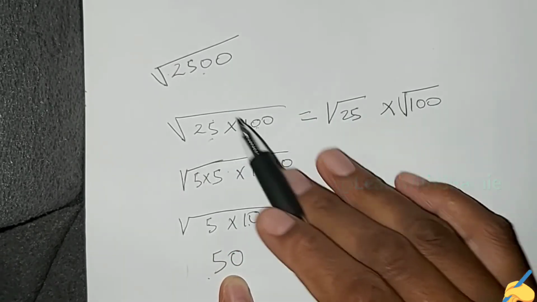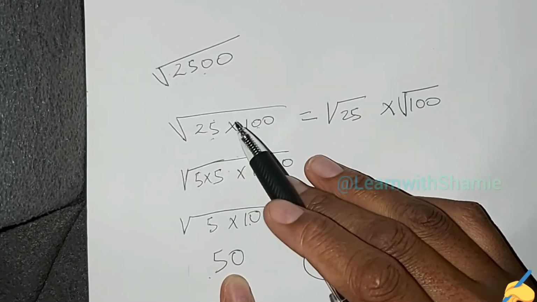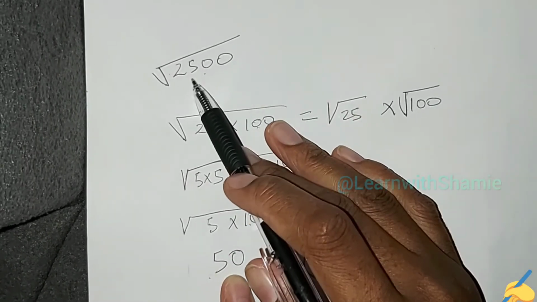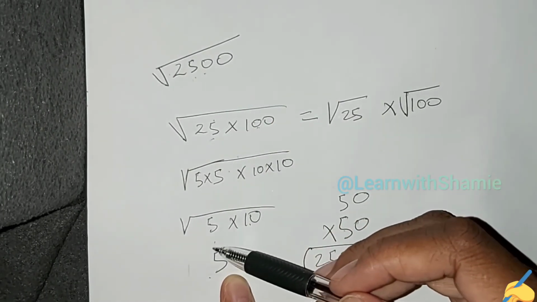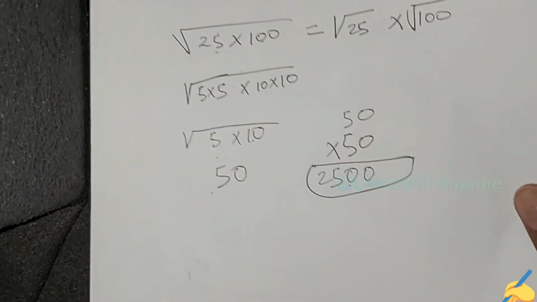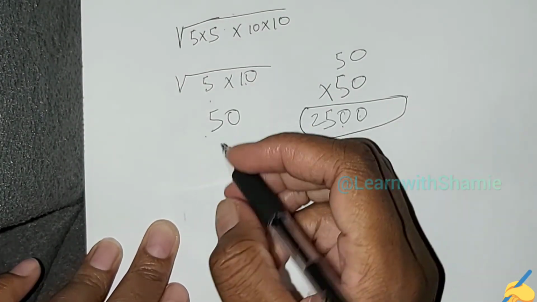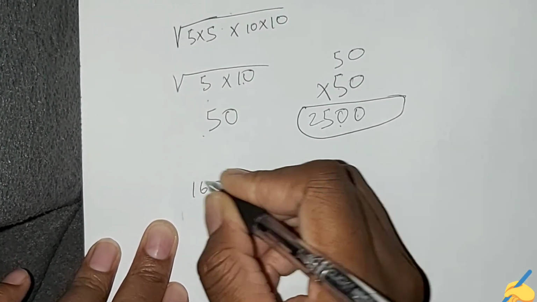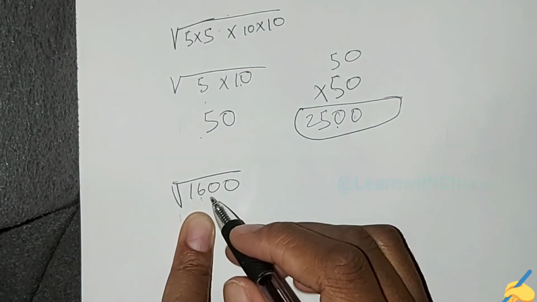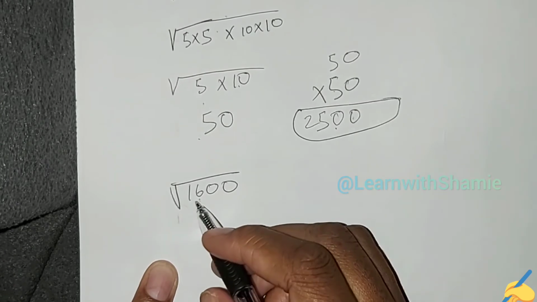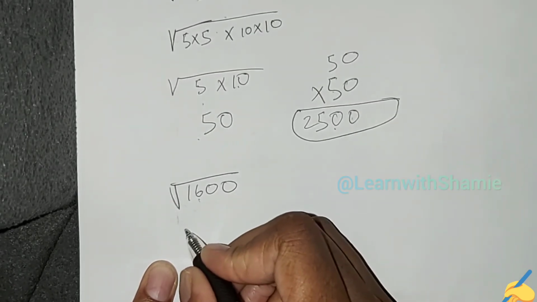In this order, you'd have to simplify. And if it has a perfect square like this one, it would be much easier. Let's do another example. If you're asked to find the square root of 1600, 16 is a perfect square, so 16 times 100 would be 1600.